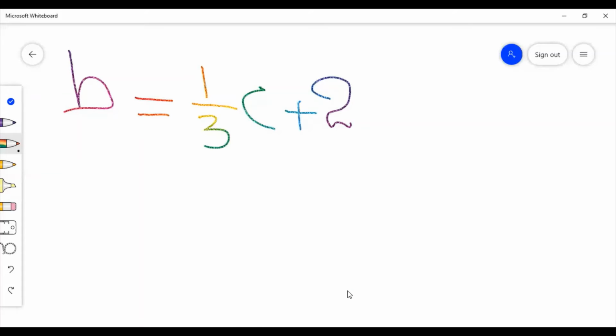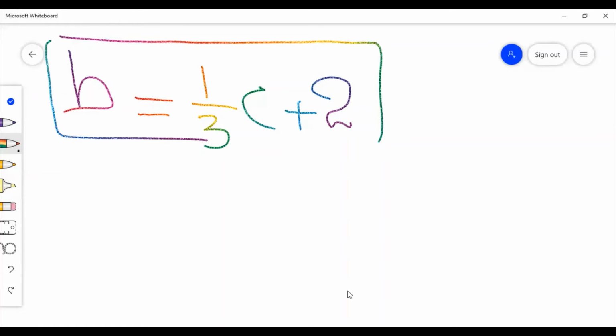Now, which of the following expressions expresses the value of C in terms of B?